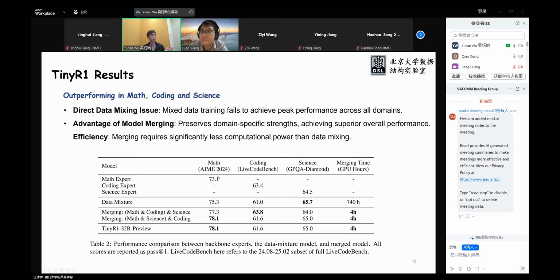Different groups of people try to find good data and train a high score domain specific model, maybe a math model, coding model, or science model. A common way is that after they find the good data, they mix this data and fine tune again from scratch to train a good final mixed model.